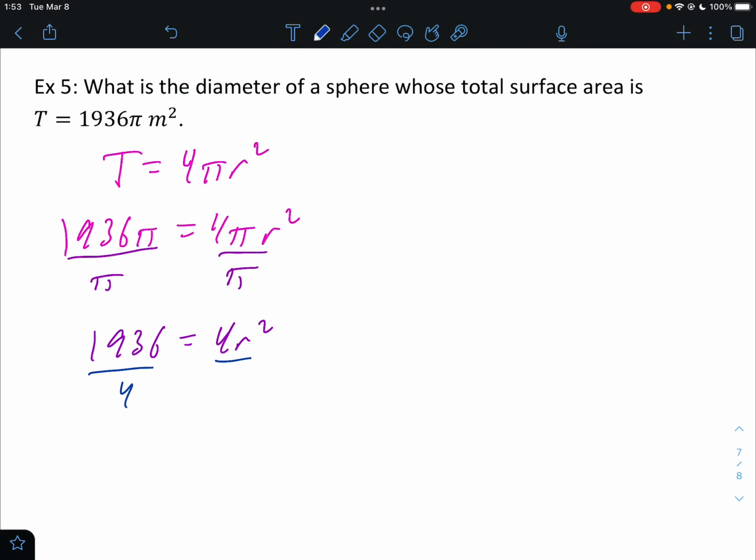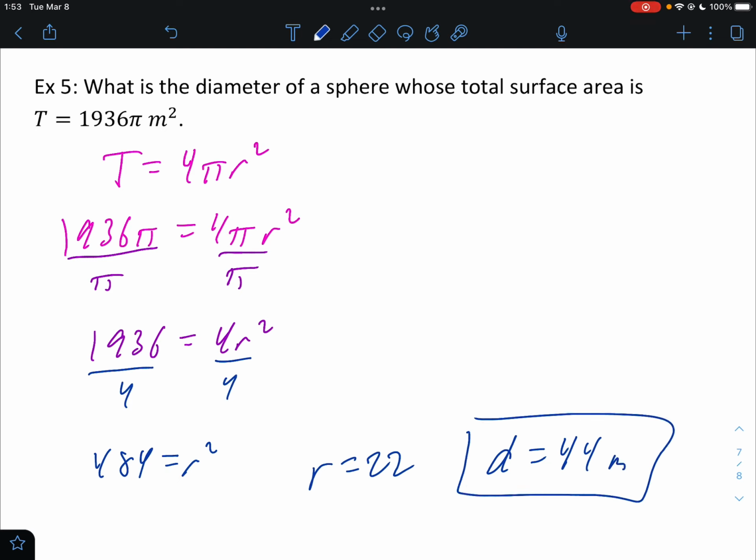If I divide both sides now by 4, 1936 divided by 4 is 484. And if I take the square root of both sides, I get my radius is 22. The question asks, what's the diameter? So my diameter then would be 2 times that, which is 44 meters.